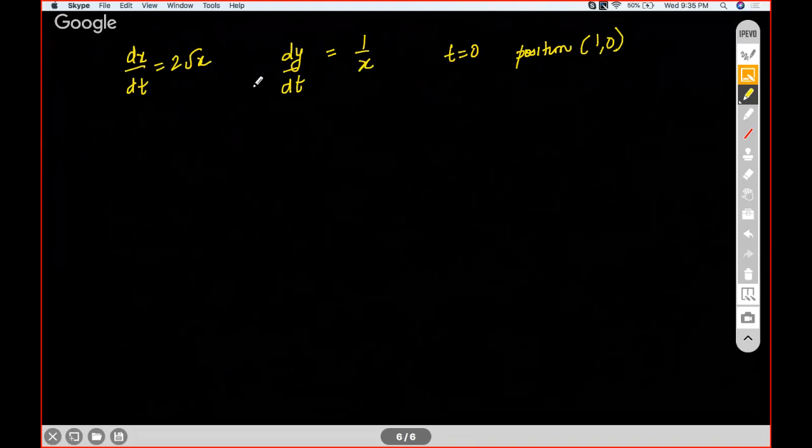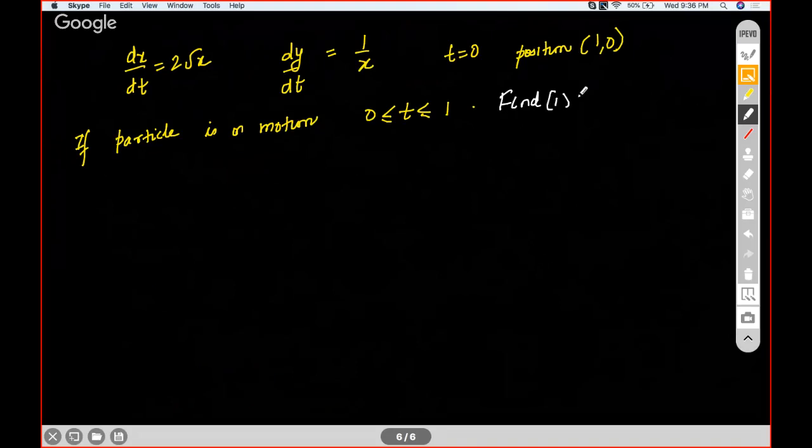Now, there's an additional question to this. If this particle is in motion from t equal to 0 to 1, then find its position, number 1.